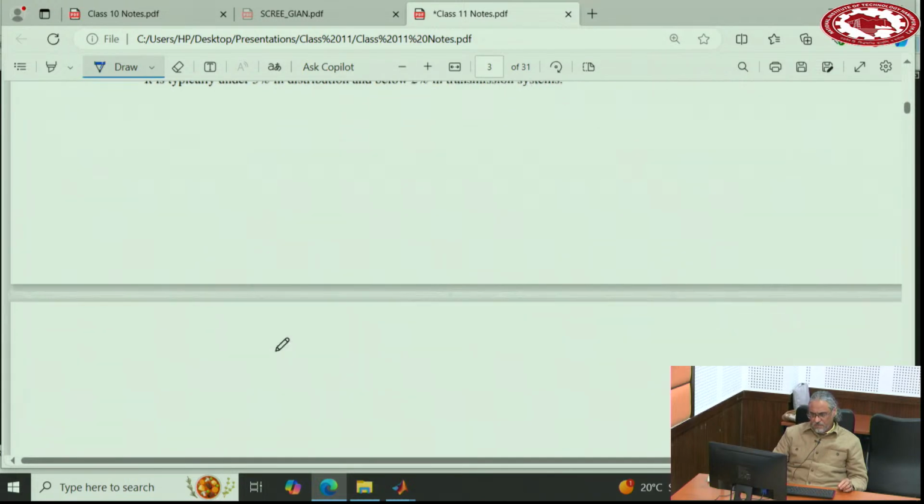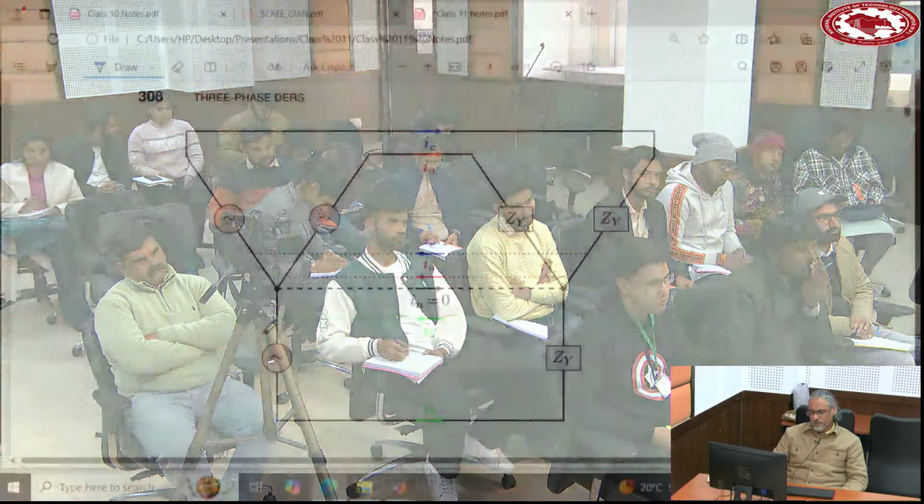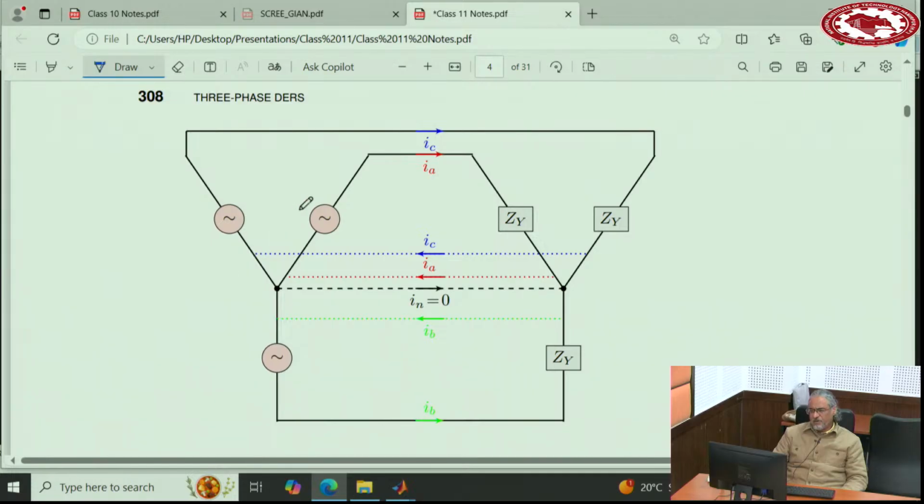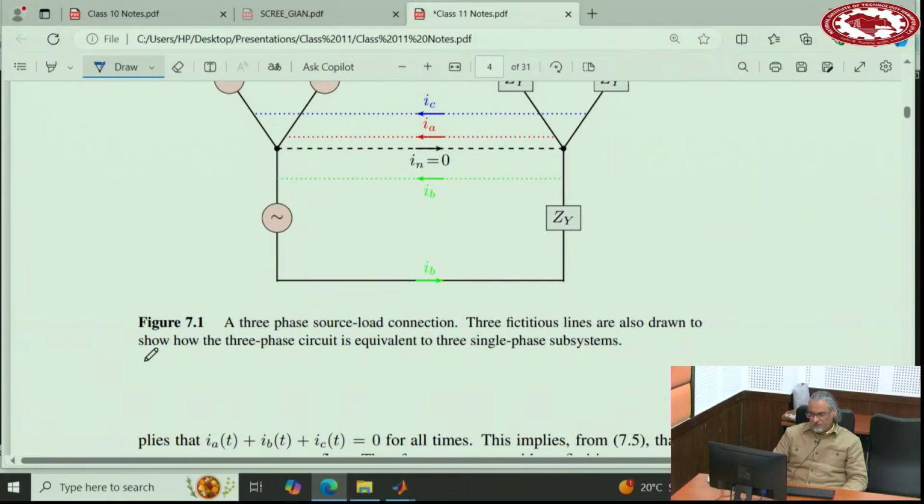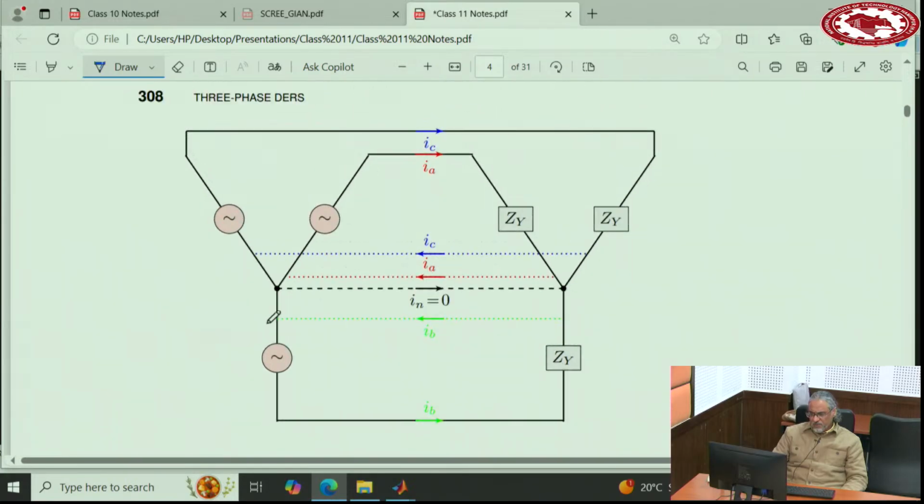Powers. How do we calculate the powers in a three-phase system? This is a simplified diagram of a three-phase source connected to a three-phase load. Let's assume that there is no neutral connection.